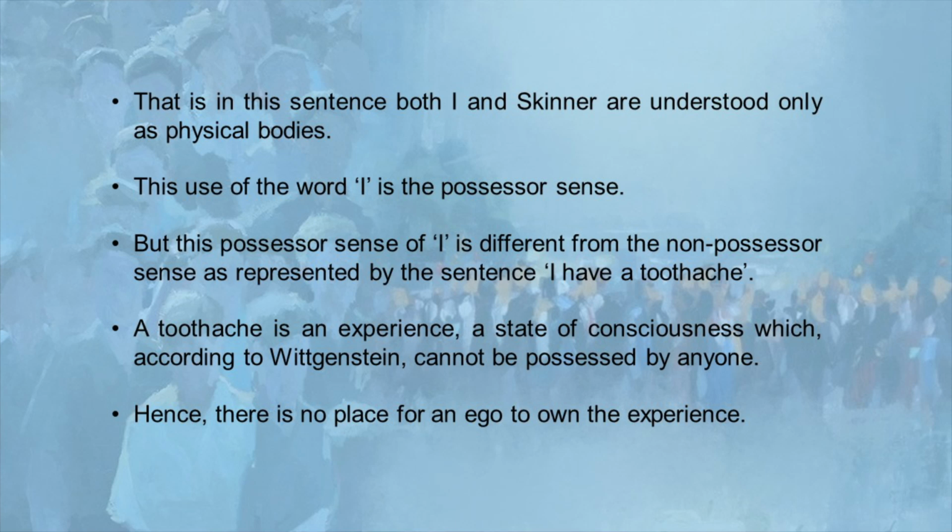This use of the word I is the possessor sense. But this possessor sense of I is different from the non-possessor sense as represented by the sentence I have a toothache. A toothache is an experience, a state of consciousness which, according to Wittgenstein, cannot be possessed by anyone. Hence, there is no place for an ego to own the experience.